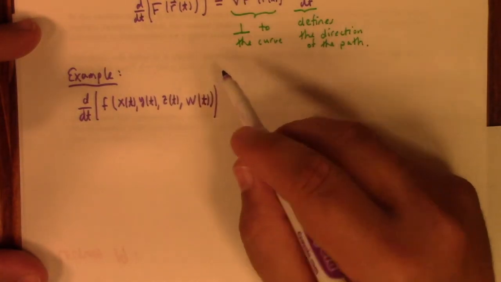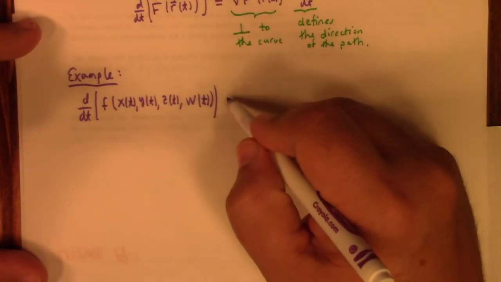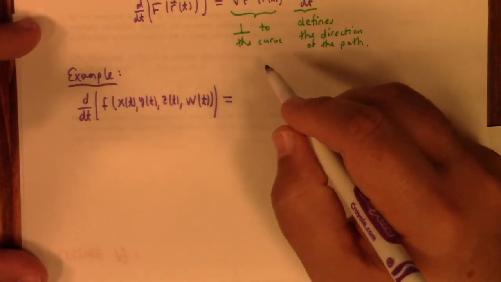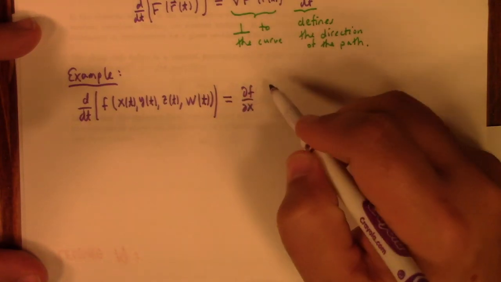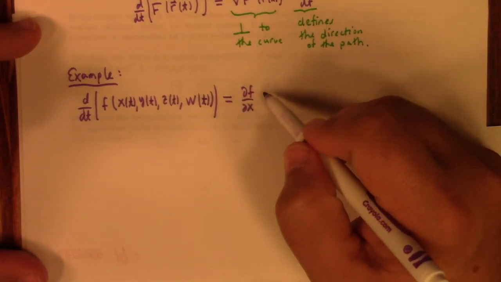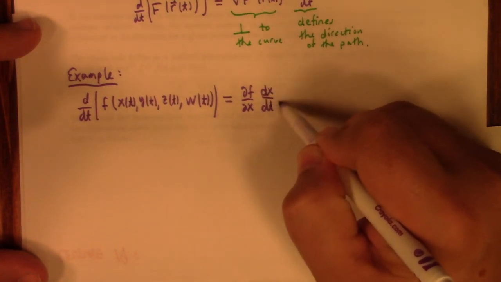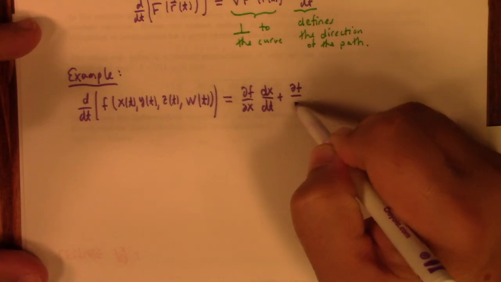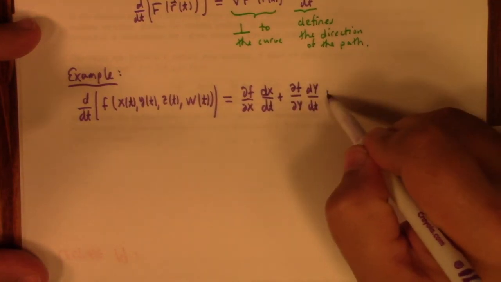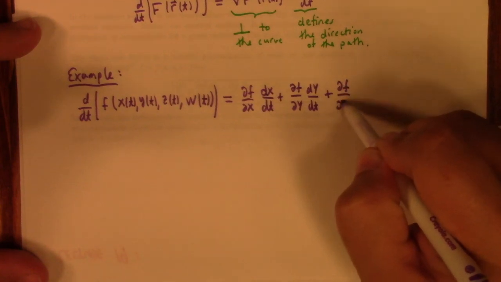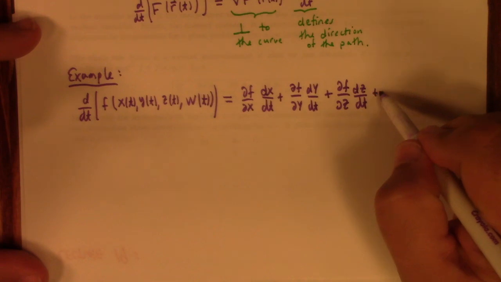I need a term for each intermediate variable, x, y, z, and w, and each one of those is multiplied with the appropriate derivative of the intermediate variable with respect to the independent variable. It's like that, and then one of these guys, and then one of these guys, and then one of these guys.